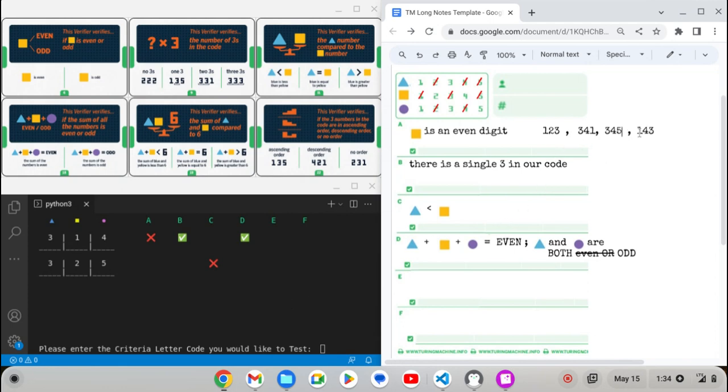Let's see, yeah, they all have a 3. The middle digit is even. C, we've already sort of ordered it where the triangle is less than square: 1, 2, 1, 4, and 3, 4.